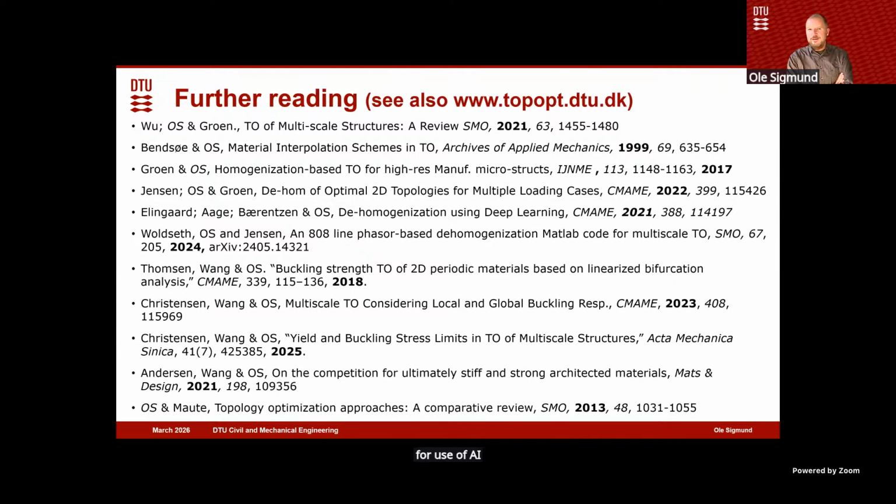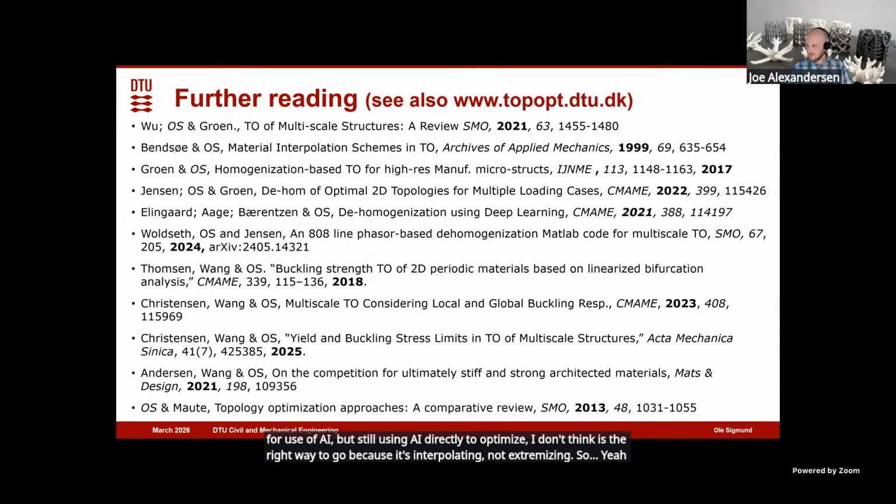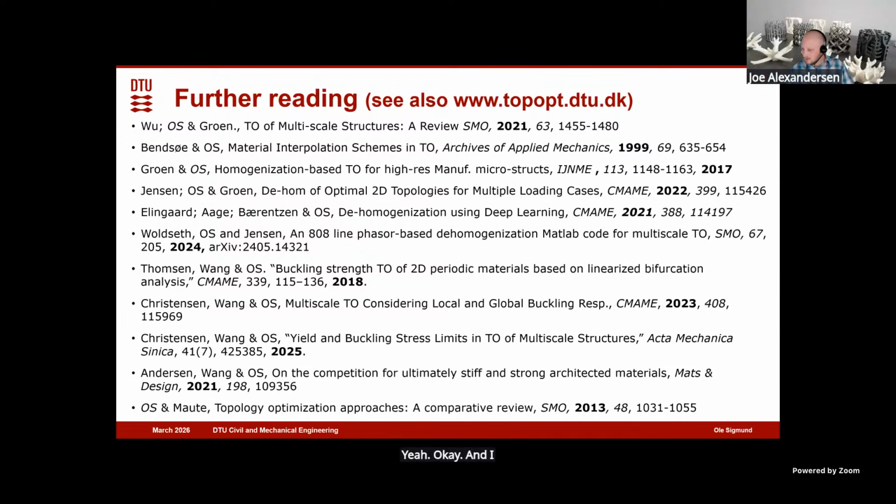But using AI directly to optimize, I don't think it's the right way to go, because it's interpolating, not extremizing.